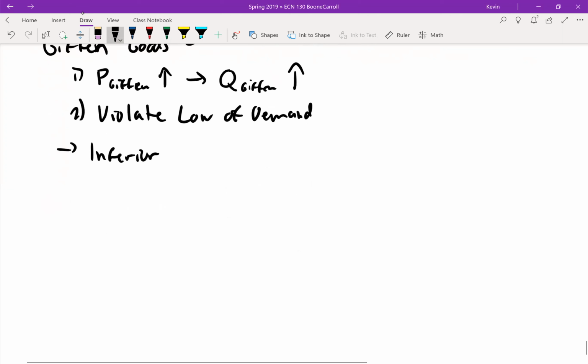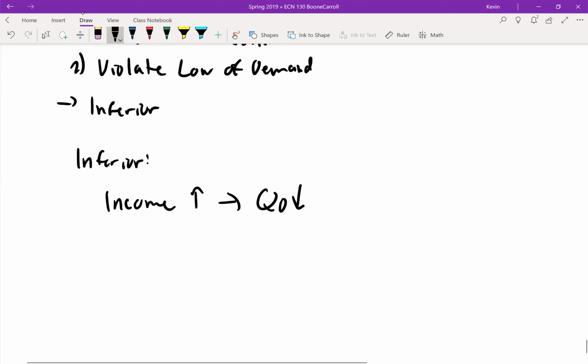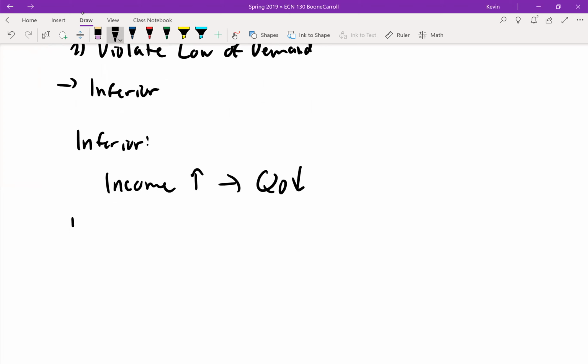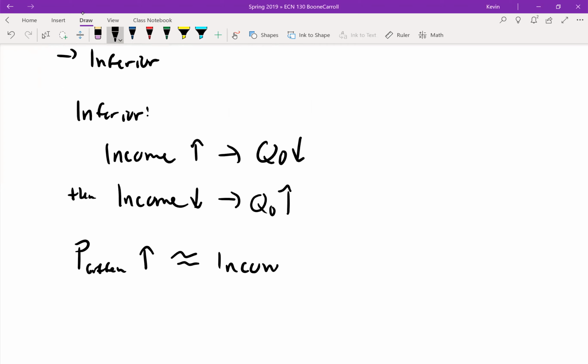We already know that for an inferior good, an increase in income leads to a decrease in our demand. Well, if this is the case, then for an inferior good, when we cut our income, we're going to start to demand more of that good. So if the price of the Giffen good increases, this is similar to our income decreasing.